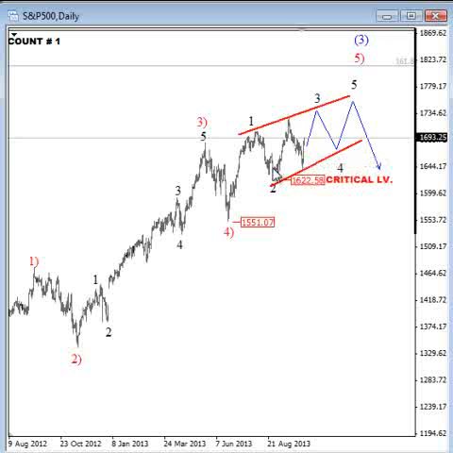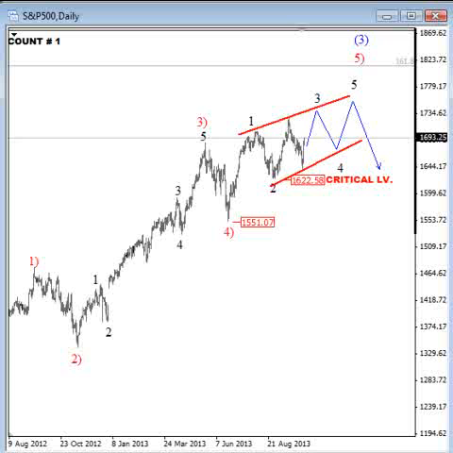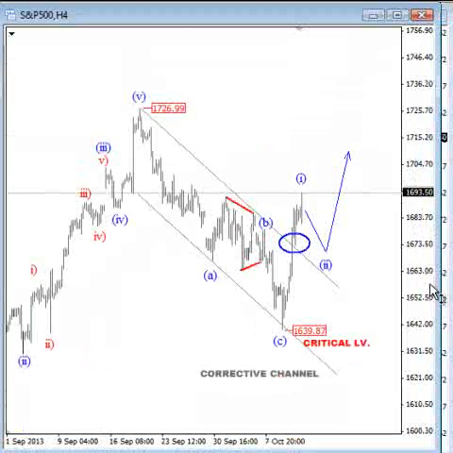So I suspect that this is only wave A, wave B, and that we will see wave C up in wave 3, and we will see more sideways if an ending diagonal will be the case. But for the near term, I think that new highs are in view on stocks.